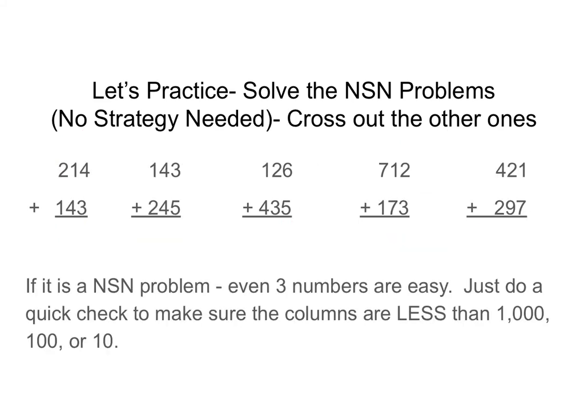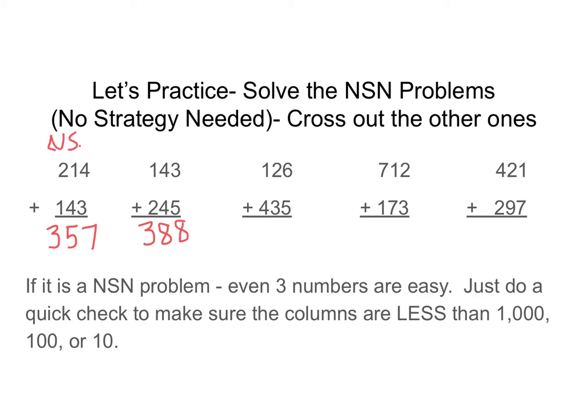Great. All right, now doing it with 100s. So do the exact same thing. Push pause and solve them if they're NSNs. All right, let's quickly solve these. 357. 388.